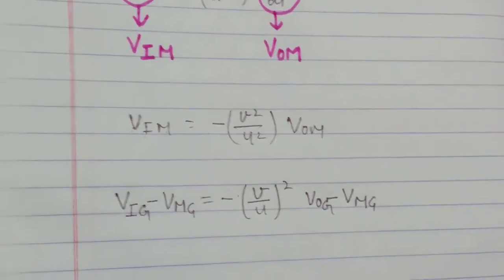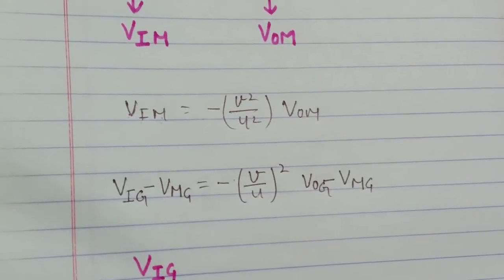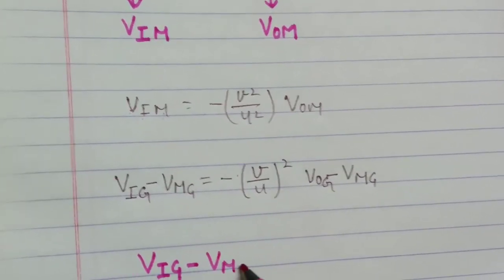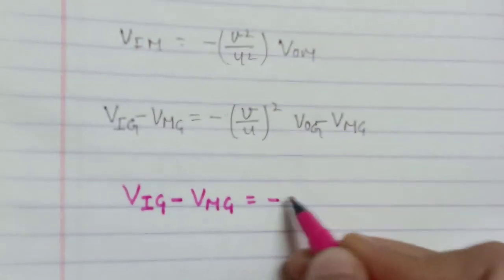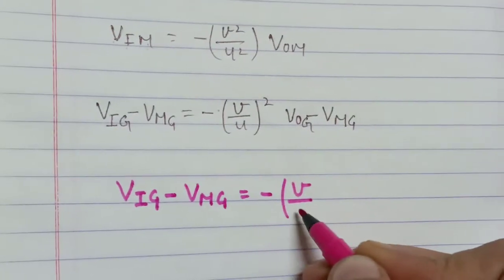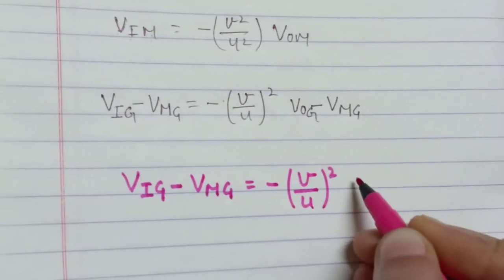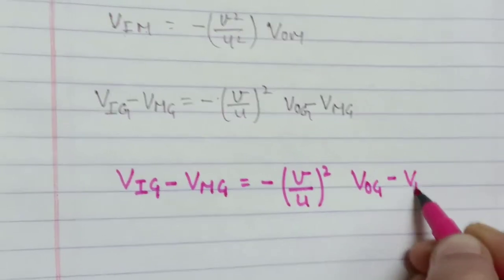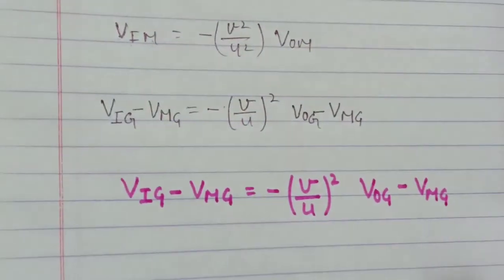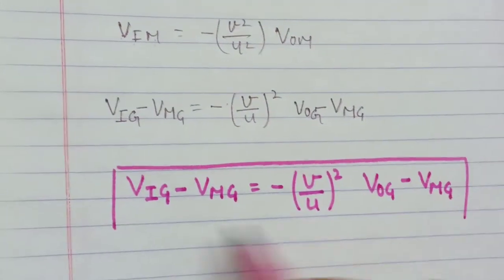So the formula is velocity of image with respect to ground minus velocity of mirror with respect to ground is equal to minus v square upon u square into velocity of object with respect to ground minus velocity of mirror with respect to ground. Okay, this is the formula.